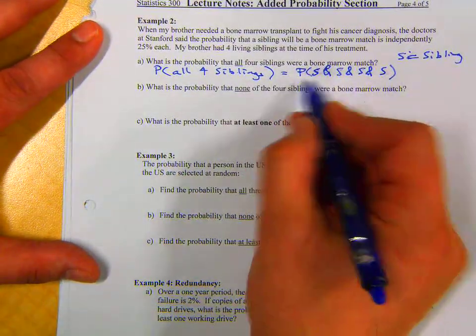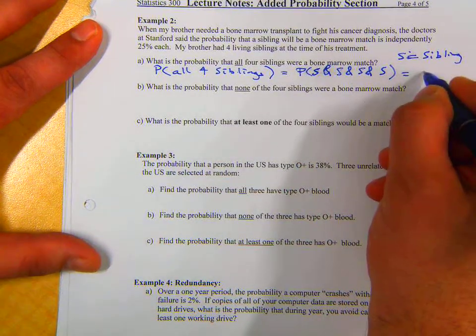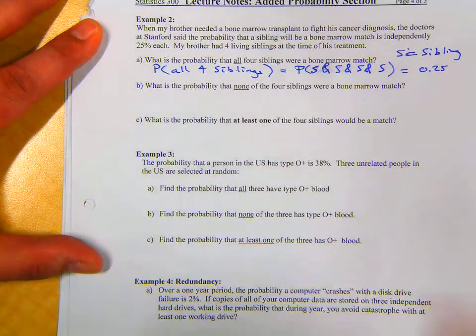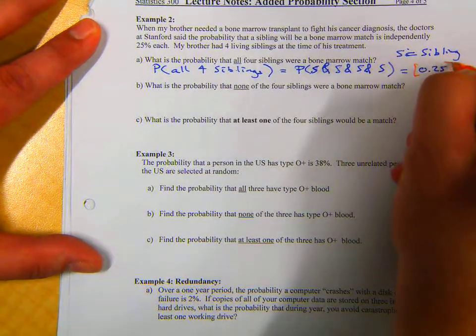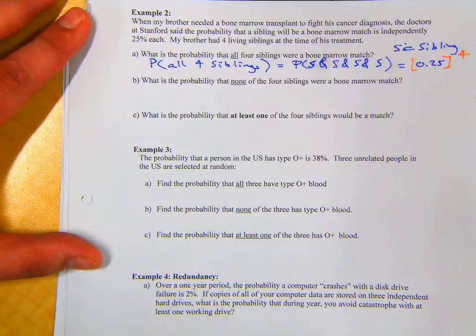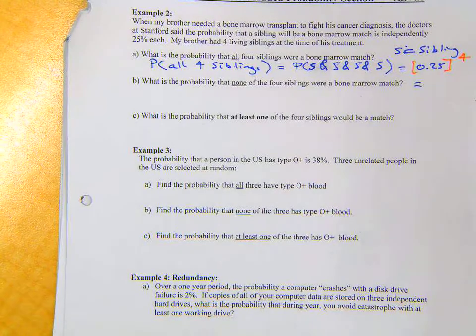So there's the and statement, but it is independent, which means I'm going to take the probability of 1 sibling, which is 0.25, and raise it to the 4th power, because I have 4 siblings total. What's 0.25 to the 4th power?